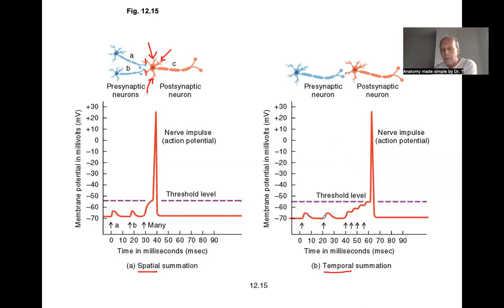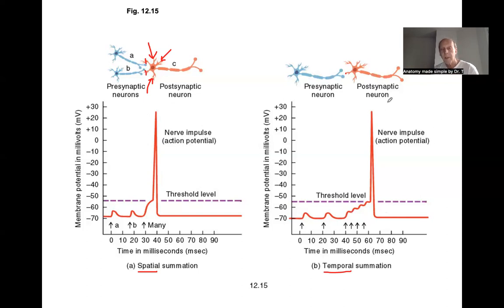We're going to have the series of these slight elevations, but none of them being sufficient to reach the threshold because they were apart by time. 10 milliseconds, 10 milliseconds, and 10 milliseconds later, nothing is going to really affect the postsynaptic neuron to generate action potential on its own.